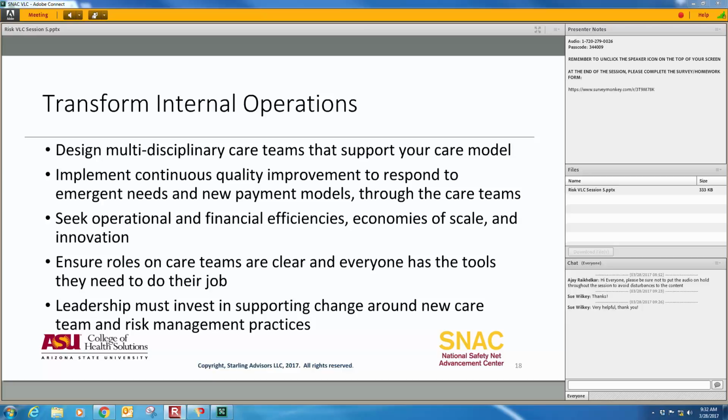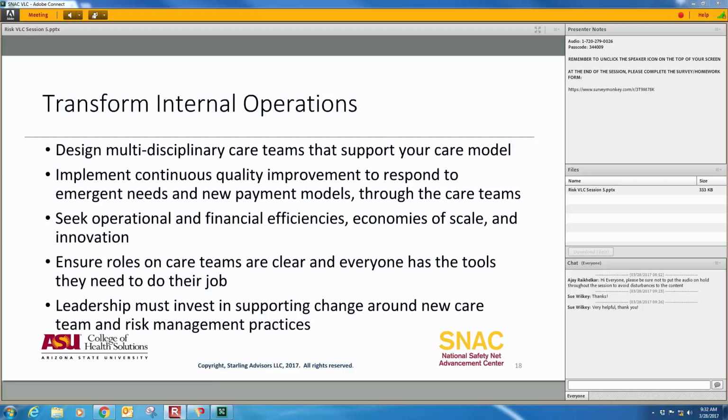The first is around designing multidisciplinary teams that support your care model. So depending on who your patient population is, depending on what the goals of your care coordination infrastructure are, your care team may look different. If, for example, you're dealing with a population with a high incidence of homelessness, there could be different components and different individuals that would need to be in place.